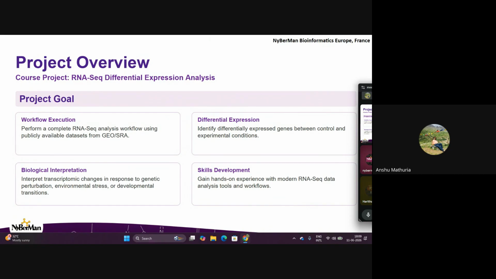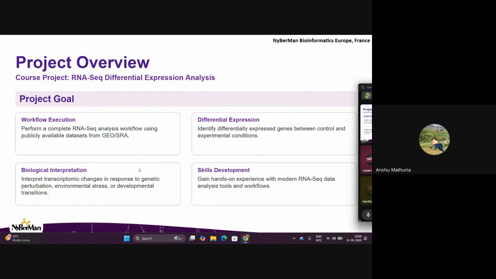For the projects, first of all, you have to execute the entire workflow. That is, you have to complete the entire RNA-seq workflow using the data sets that you're going to obtain from GEO and SRA. After that, you're going to do the analysis and the differential expression. That is, you're going to check how the genes are differentially expressed in both the control and the experimental conditions.